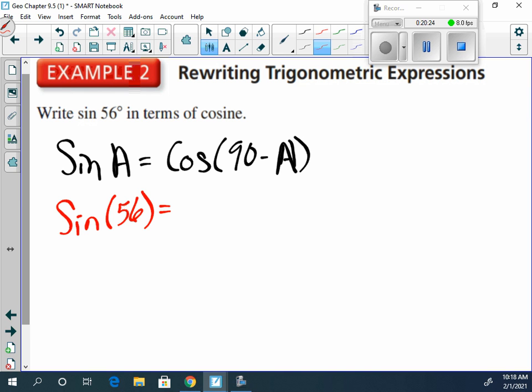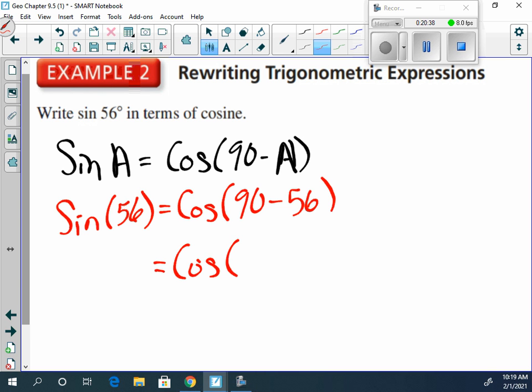So we'd have cosine of 90 minus 56. What is 90 minus 56? Cosine of 34 degrees is going to be the same as sine of 56. Those are going to have the exact same value.